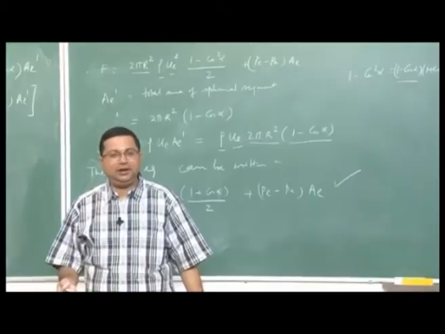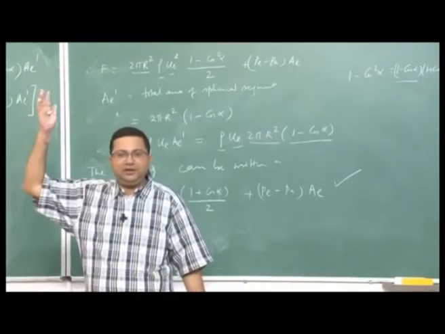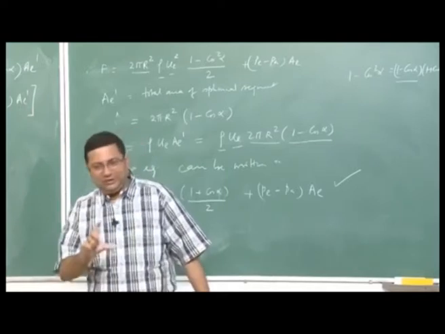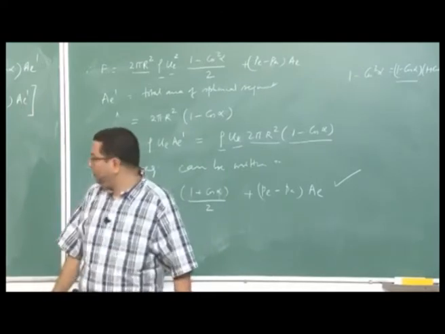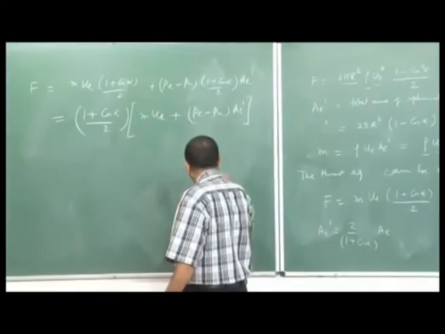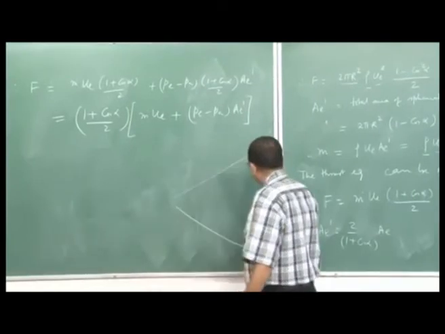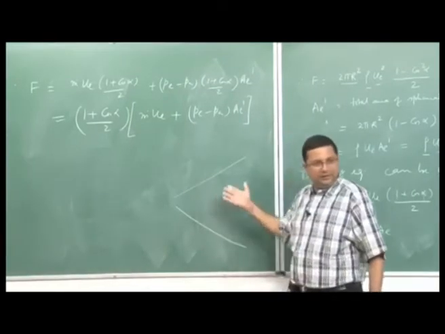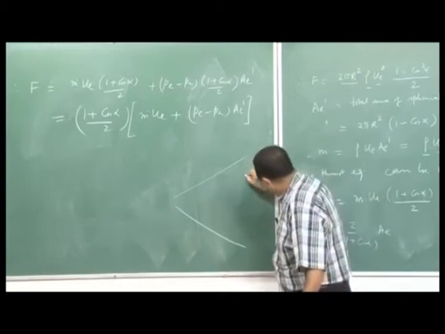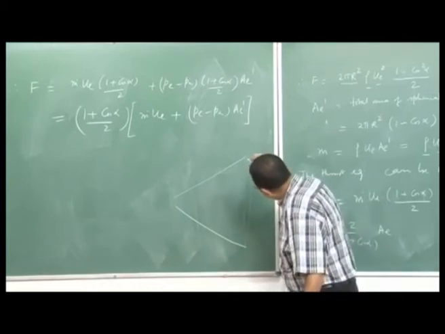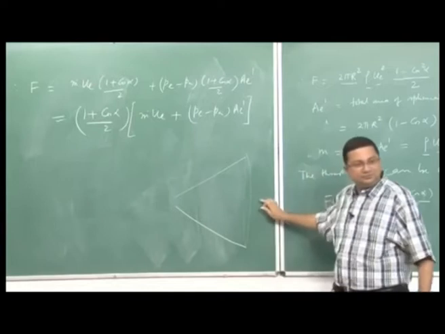Let me focus a little more on this. Typically, we have seen that the area ratios are very large, right. A by A star can be 30, 40, 60, 100. So, these area ratios are very large. If I look at even bigger ratios, then this area and this area are almost equal.